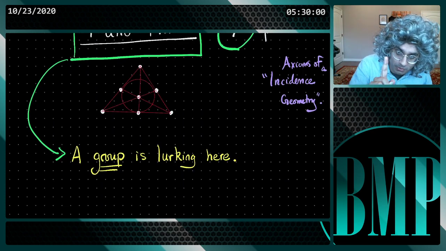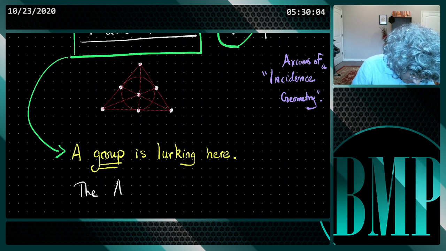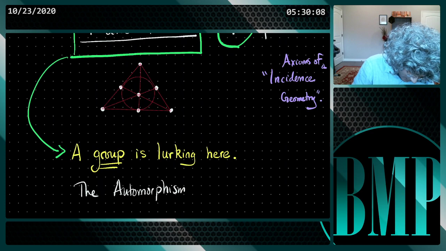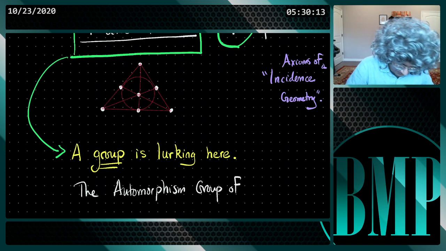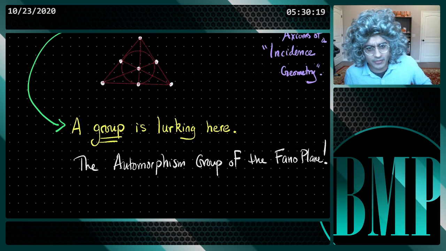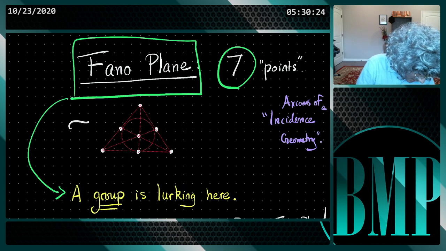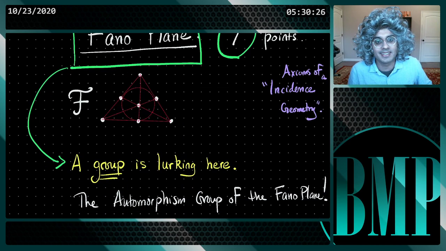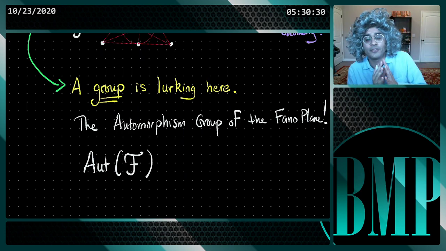It's called the automorphism group of the Monoplane. Let me tell you its definition. We'll call it script F, the automorphism group of this Monoplane.